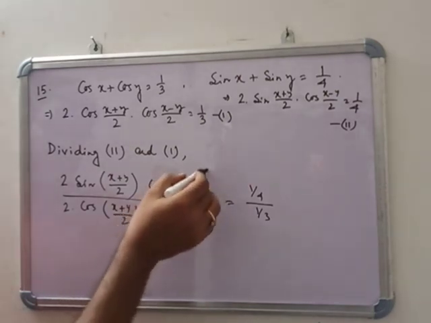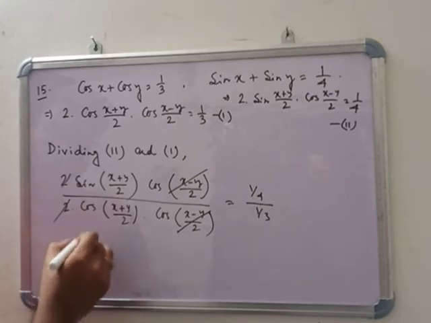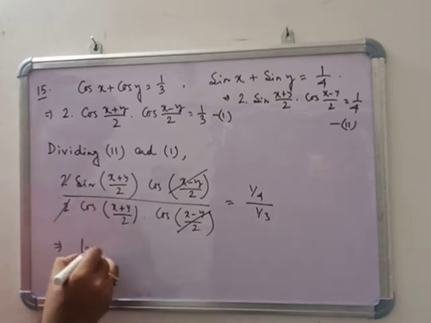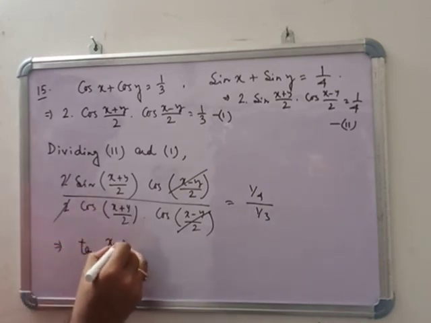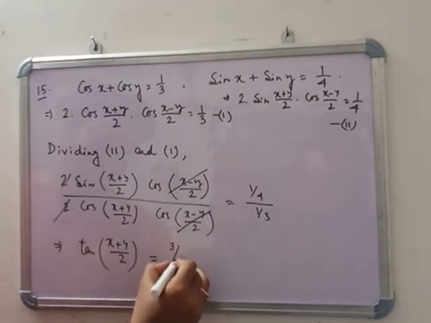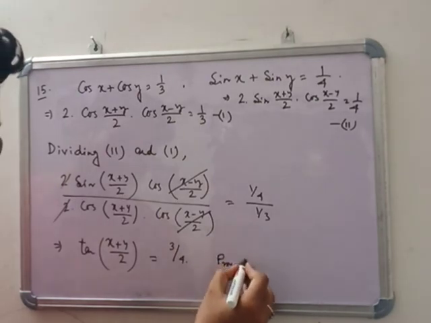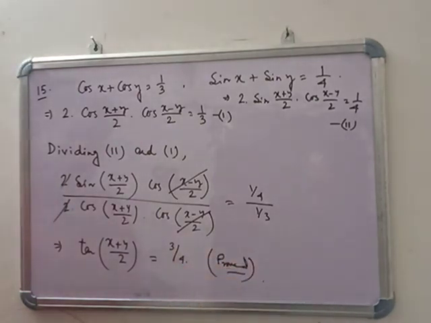So that means these two parts are cancelled. So sin by cos, that means tan x plus y by 2 equals to 3 by 4, which is the given result. Okay. Next one.